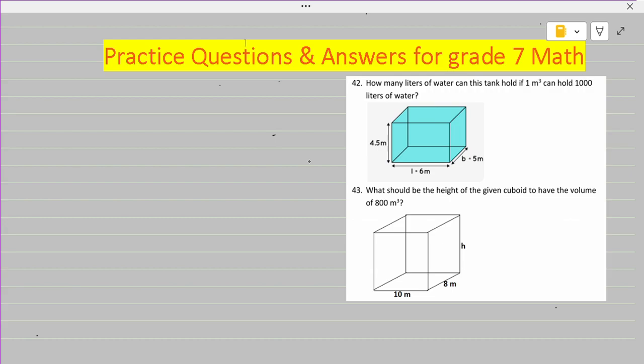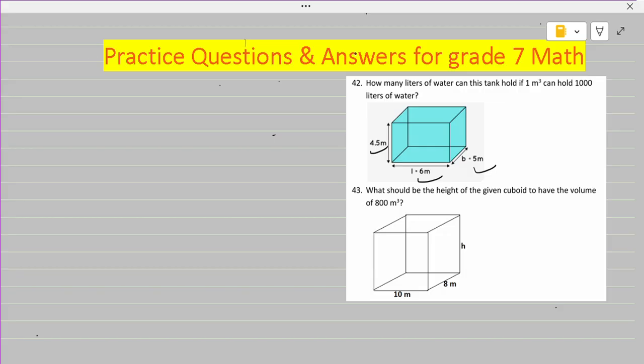Now, to find how many liters can be kept in this cuboidal tank, we have to identify its volume first. Here length, breadth and height are all given. Length is 6 meter, breadth is 5 meter, and height is 4.5 meters. So we have to find the product first.